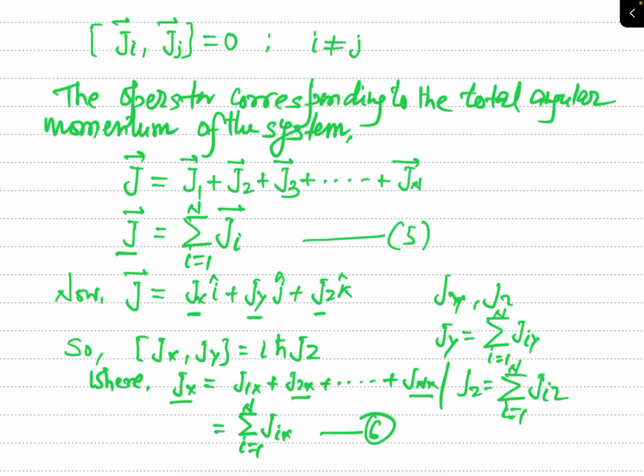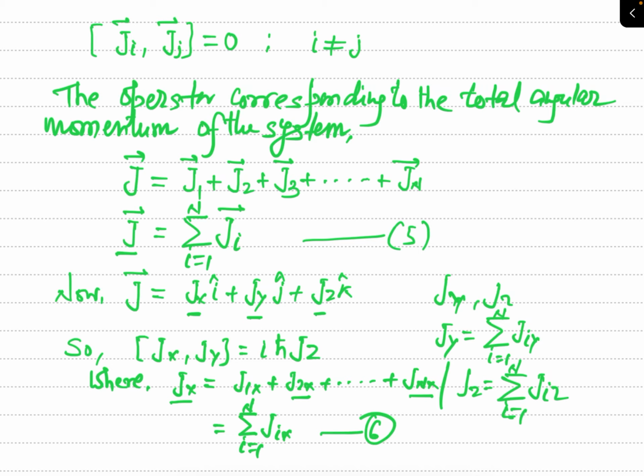Thus, you can say that the vector sum of a commuting set of angular momentum operators is also an angular momentum operator. This is a very remarkable fact: the vector sum of a commuting set of angular momentum operators is an angular momentum operator itself.